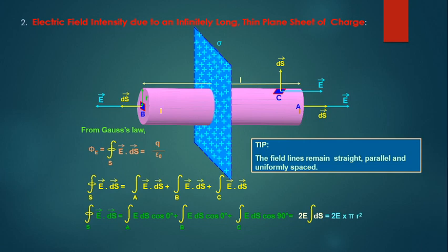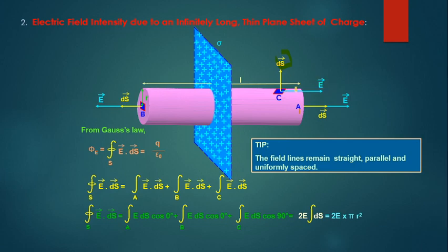In the same way, for surface B, ds is perpendicular to the surface along this direction, and the electric field is away from the positive charge, meaning E and ds have the same direction in B as well as in A. But in the curved surface, ds is perpendicular to the surface along this direction, and the electric field is along this direction. The angle theta is 90 degrees. ds and E are perpendicular.